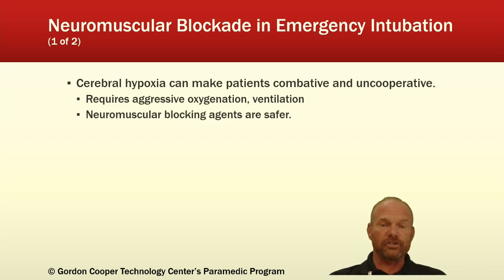Today, neuromuscular blocking agents allow for a kind of quote chemical paralysis, which is safer and more effective, and it temporarily paralyzes the patient to facilitate intubation and other airway management procedures. One thing to say, the advent of getting neuromuscular blockers into the ambulance is a game changer for us in emergency airway management, because it enables safe and efficient intubation while avoiding those risks associated with physical restraint as well.